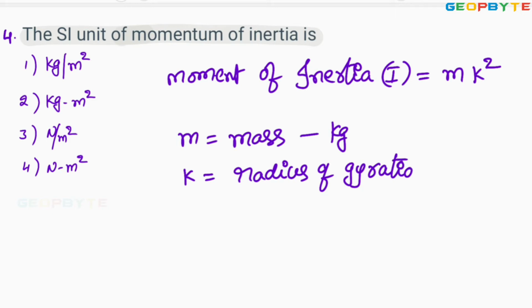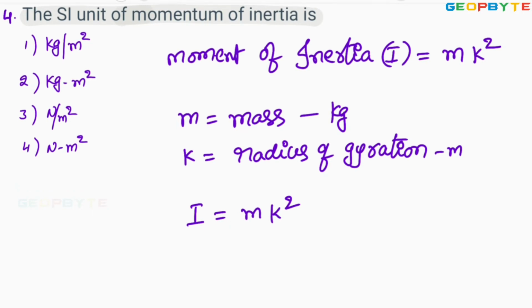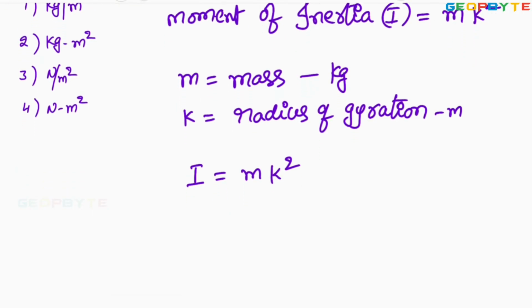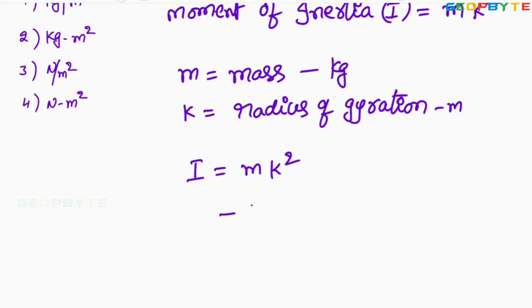Radius of gyration means a distance. It is in meter. Therefore, moment of inertia I equal to mk square. M unit is kg and k unit is meter, so kg meter square. So moment of inertia SI unit is kg meter square.